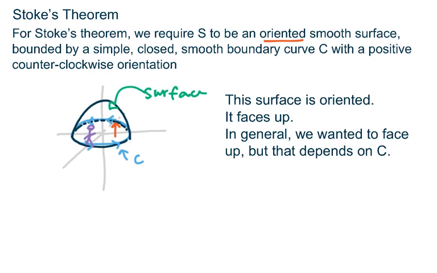So the orientation depends on the direction of that path. Oriented up in this counterclockwise direction is what makes it simple. If this was oriented down, we would be traveling in a clockwise direction in order to keep that path on our left side. That helps you get an idea of what we mean by oriented.